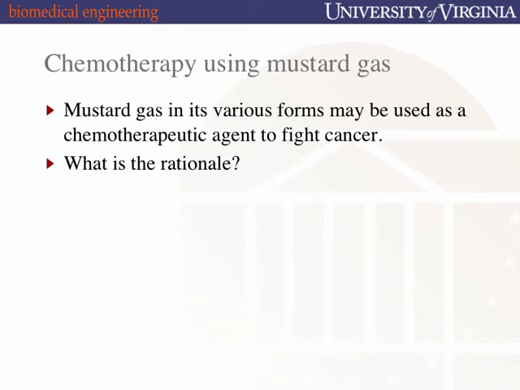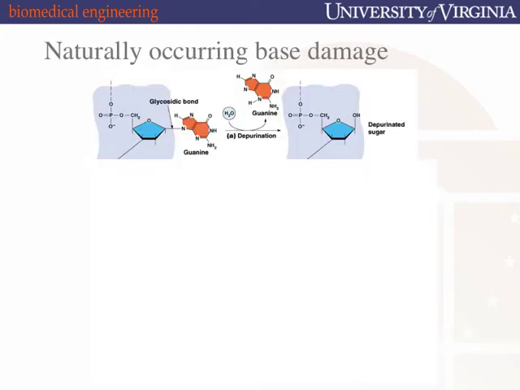Now, if you go to the hospital now, they will not give you mustard gas as a chemotherapy, I promise. All right. But this is a nice dovetail into naturally occurring DNA damage and how our cells would try to overcome something like this.